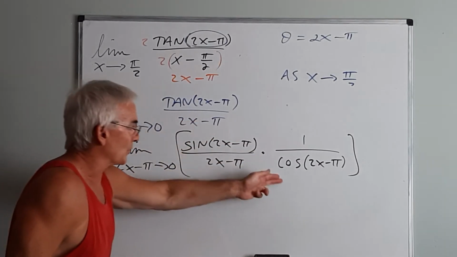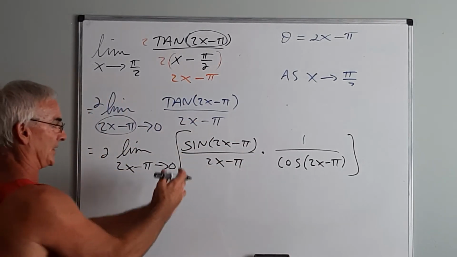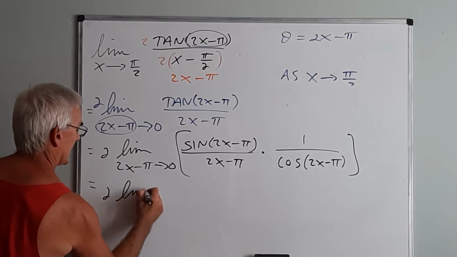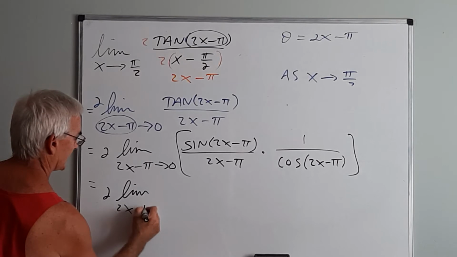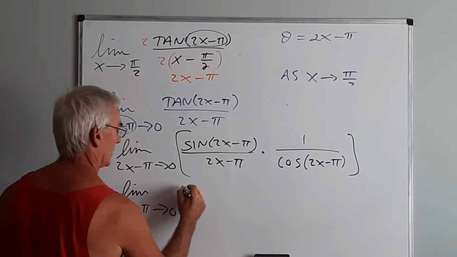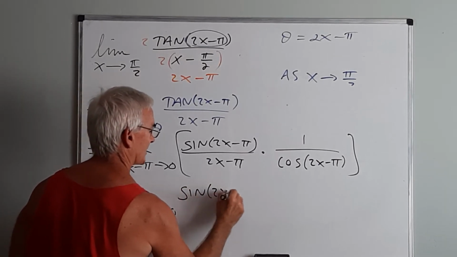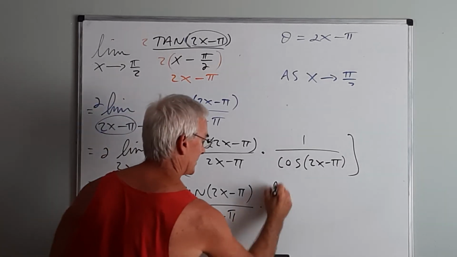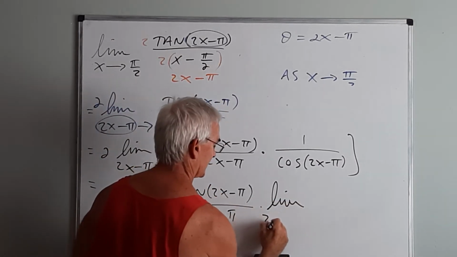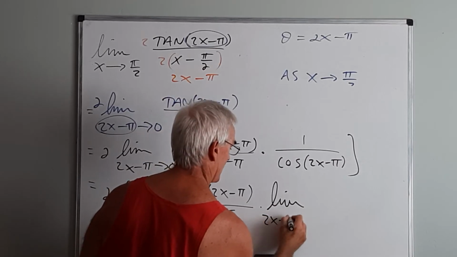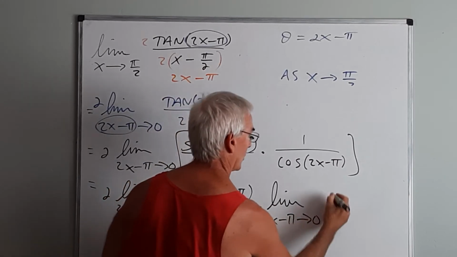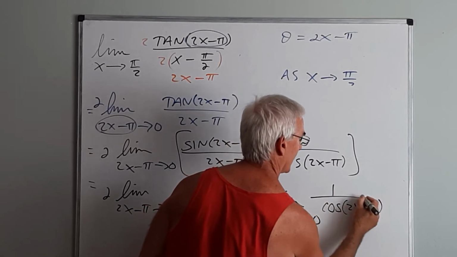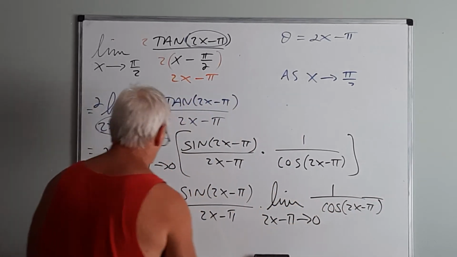So I have sine over cosine, but if I write it as a product there, then it's easier to separate these limits. So finally, the limit as 2x minus pi approaches 0 of the sine of 2x minus pi over 2x minus pi times the limit as 2x minus pi approaches 0 of 1 over the cosine of 2x minus pi. Now I have exactly the form I need.